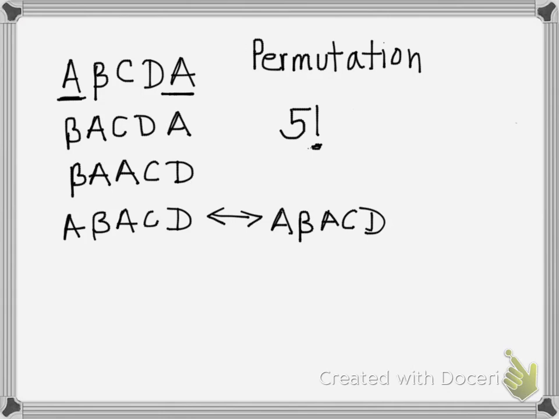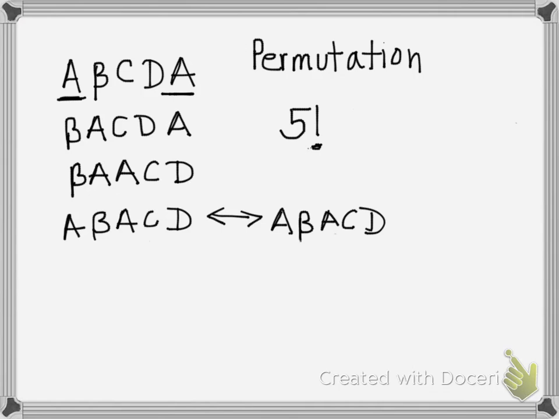I could just call them A1 and A2, and then I went A2 and A1. Well, yeah, I kind of switched them, but we're not going to count that. We're going to say, look, they're both A's. There's no way of distinguishing between them. So I'm not going to count that as a different variation.